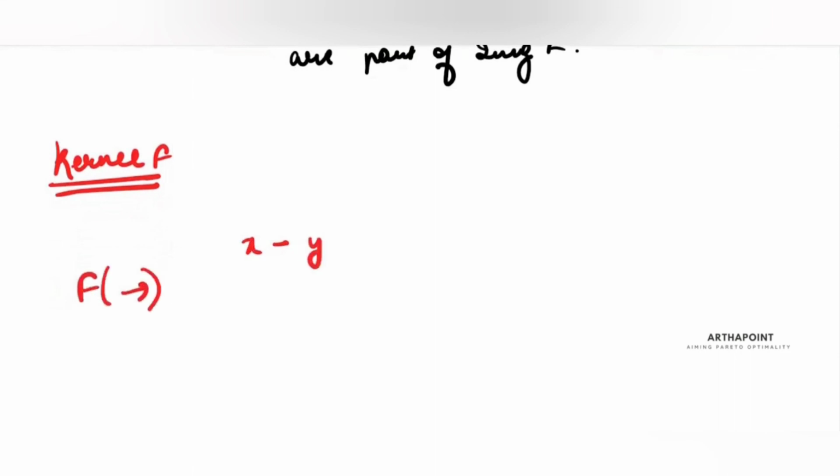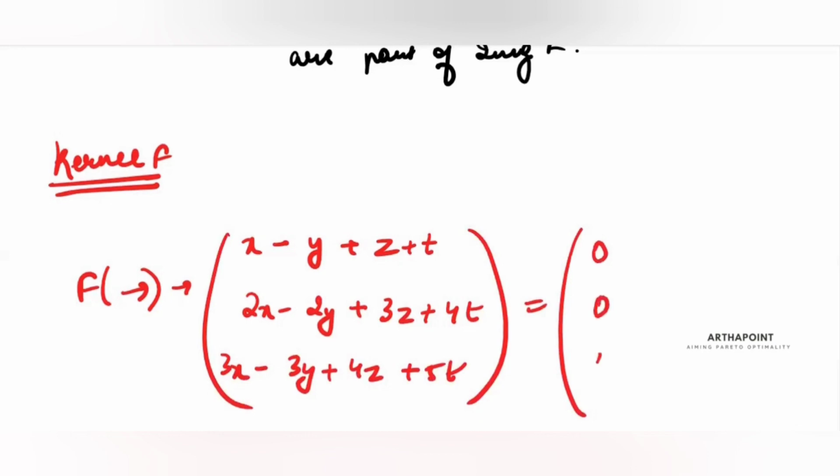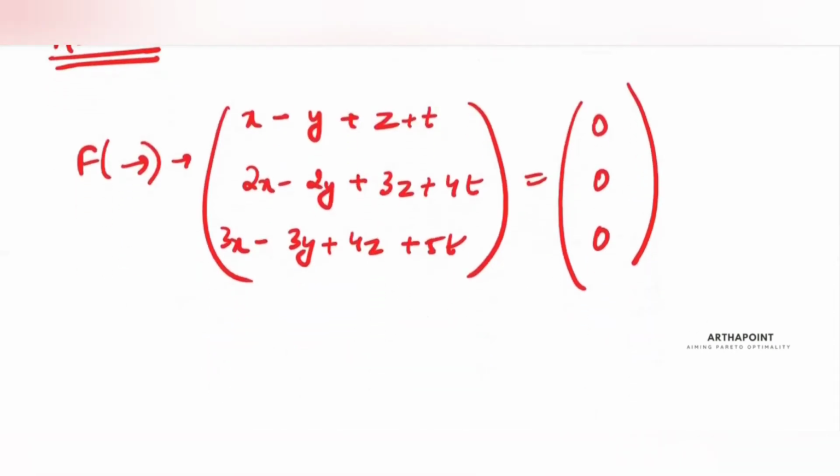My function is x minus y plus z plus t, 2x minus 2y plus 3z plus 4t, 3x minus 3y plus 4z plus 5t. I want each of them to be equal to 0. This is what I want. I want the image of my function to be equal to 0, all three parts equal to 0.